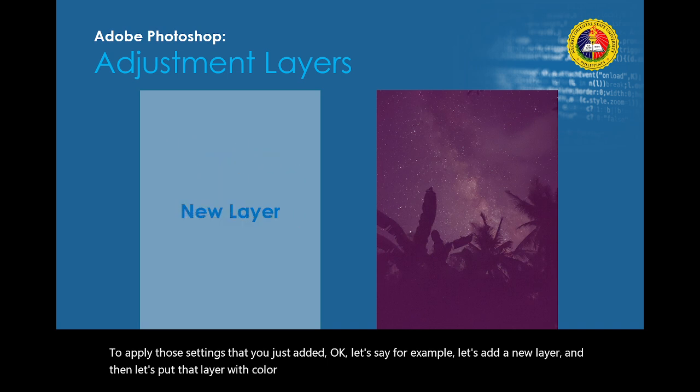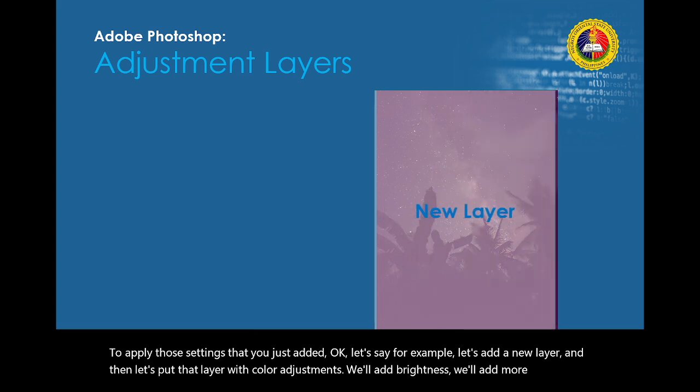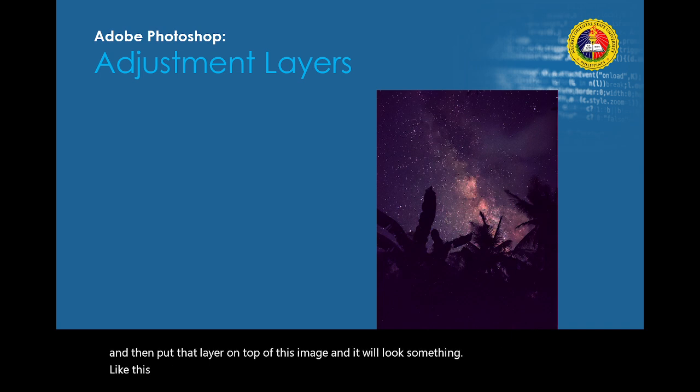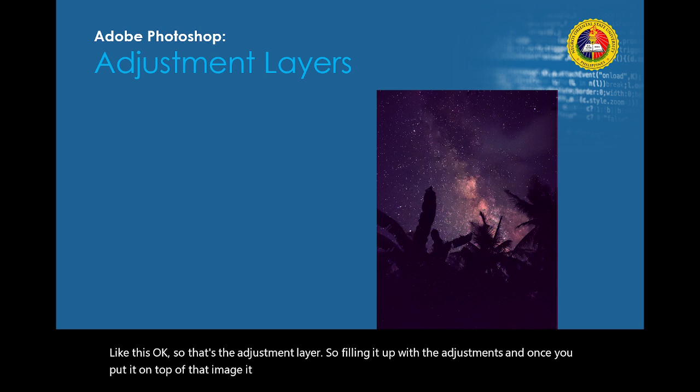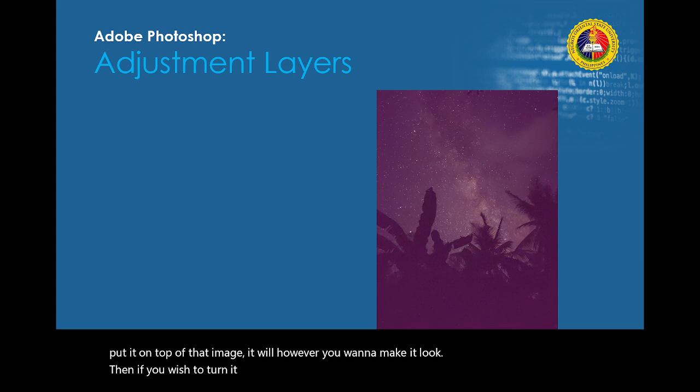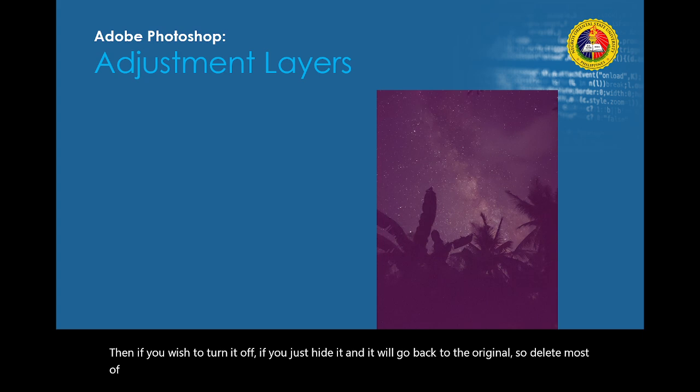We'll add brightness, we'll add more exposure, and then put that layer on top of this image, and it will look something like this. Okay, so that's the adjustment layer. So filling it up with the adjustments, and once you put it on top of that image, it will look however you want to make it look. Then if you wish to turn it off, if you just hide it, it will go back to the original image as soon as you turn it off.